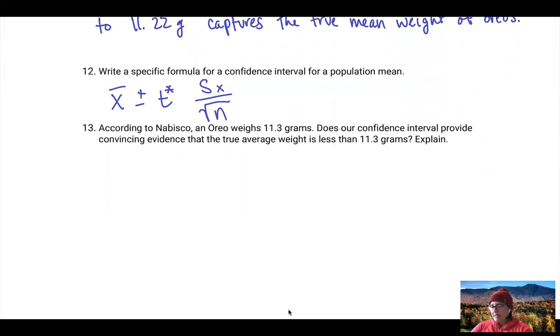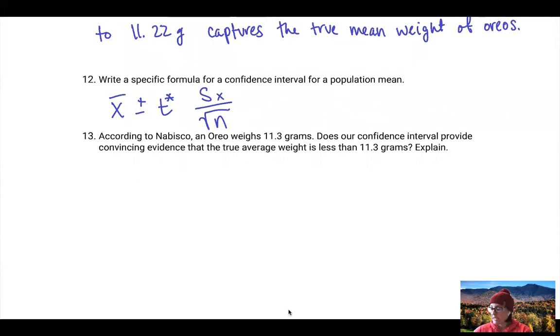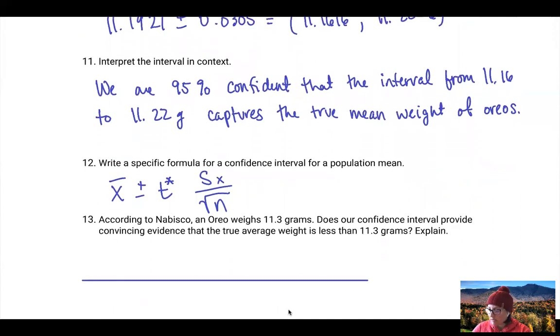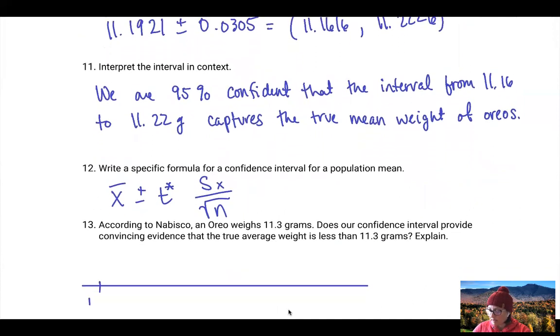All right, according to Nabisco, an Oreo weighs 11.3 grams. Does our confidence interval provide convincing evidence that the true average weight is less than 11.3 grams? So looking at our confidence interval, if we were to make this on a number line, let's go from 11.0 to 11.5. So our point estimate was at 11.19.